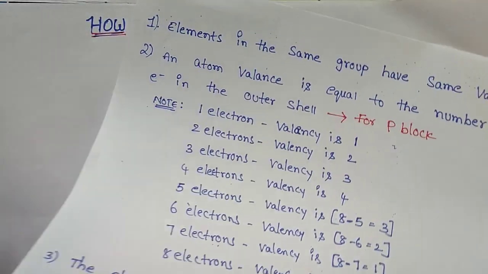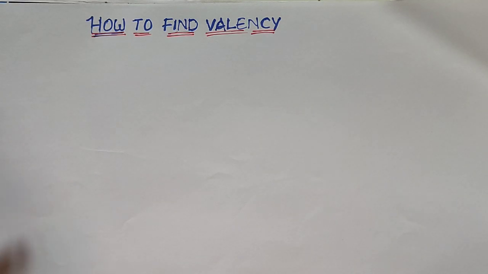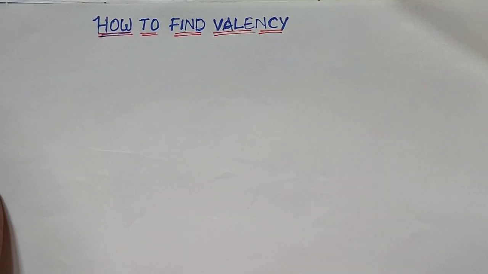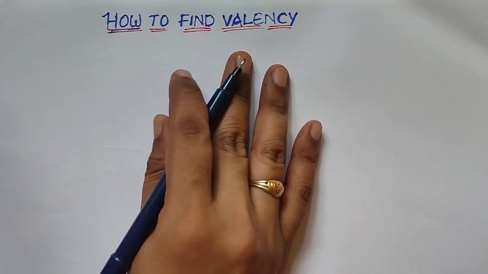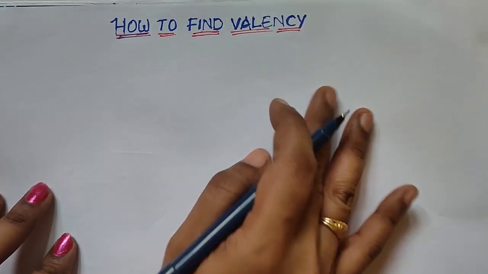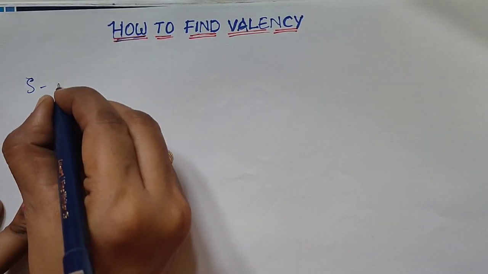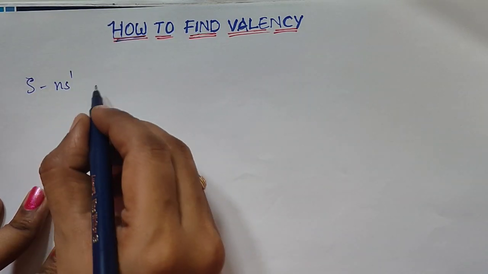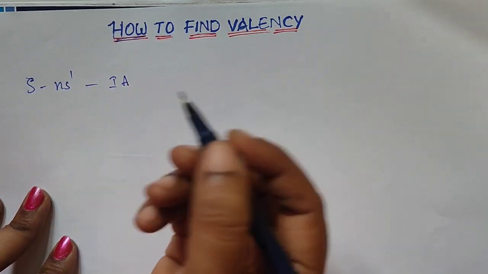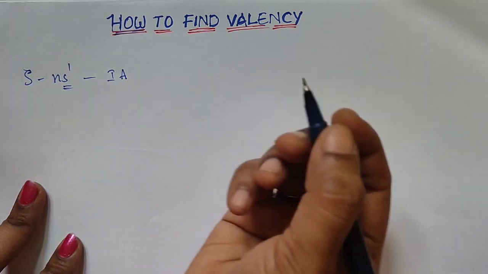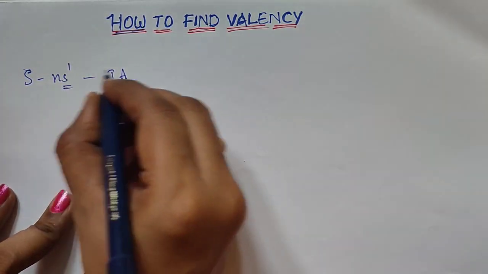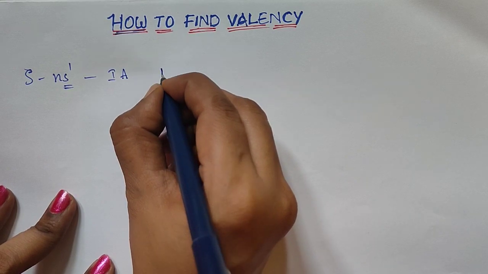In the first A group, we already know that there are hydrogen, lithium, sodium, potassium, rubidium, cesium and francium. What is the general electronic configuration for the S block? ns1. This is the first A group elements. It has only one electron, so it shows the valency 1.